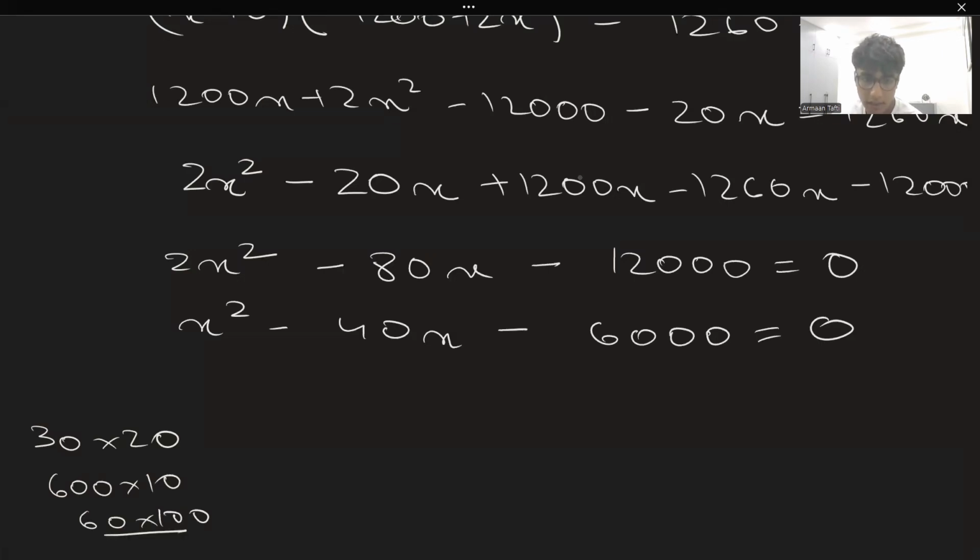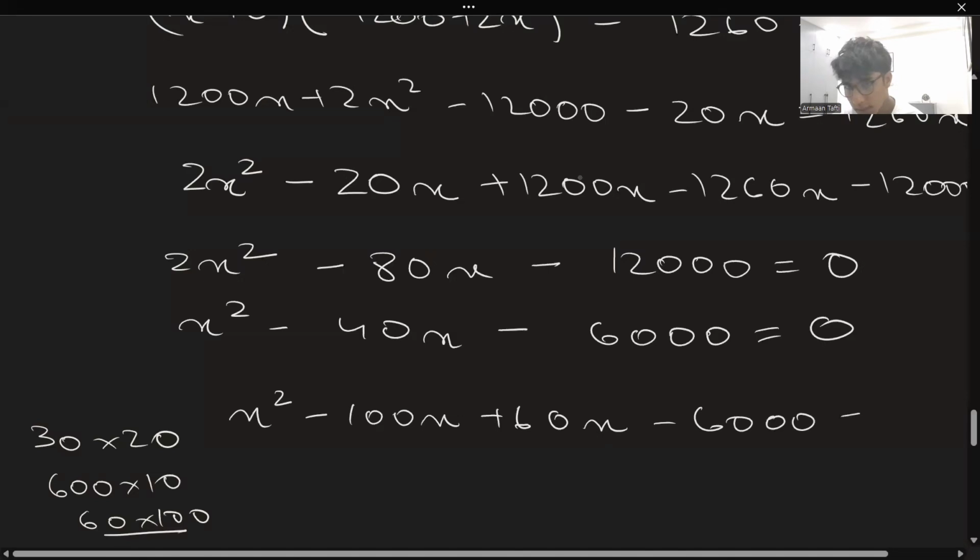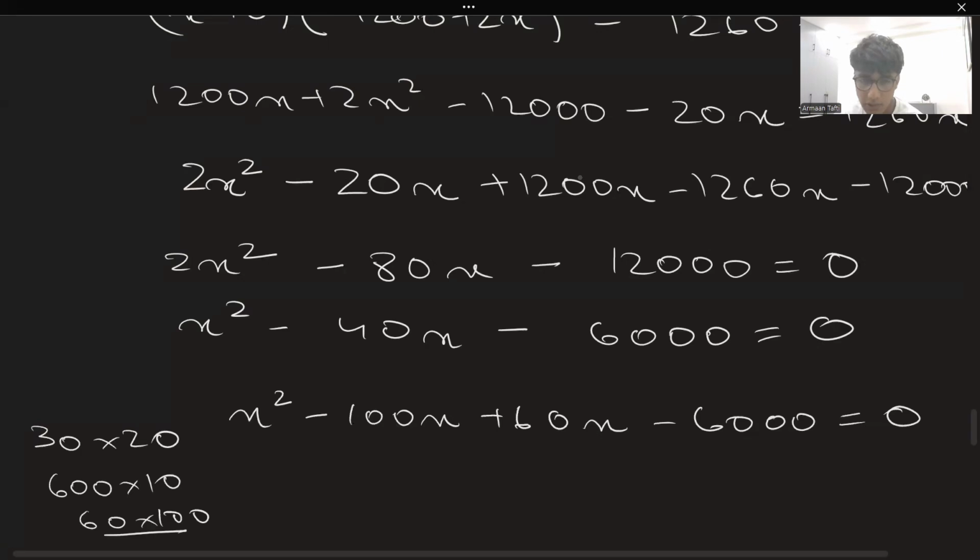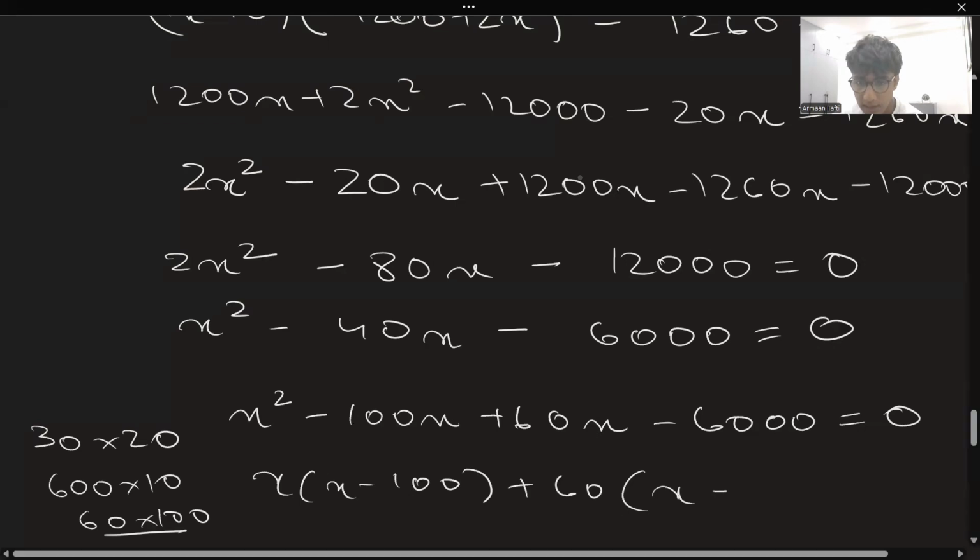So x square minus 100x plus 60x minus 6,000 equals 0. So you have minus 40x here, and you get this multiplied up to 6,000. So you have x times x minus 100 plus 60 times x minus 100 equal to 0.